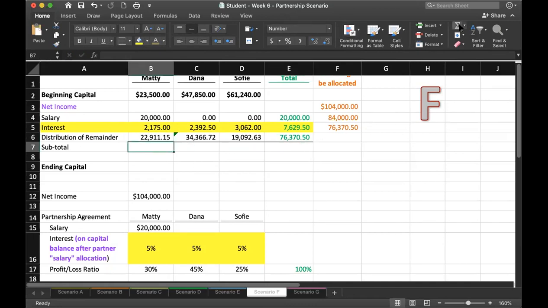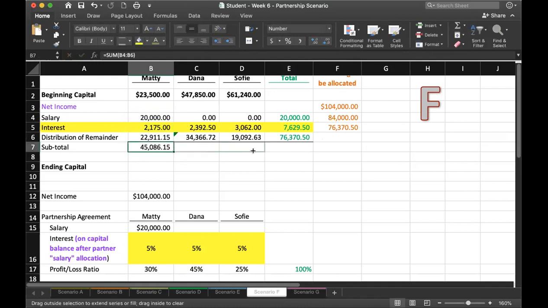So now we're ready to do the subtotals, and all I'm going to do is just add up salary, interest, and distribution of the remainder that goes to Maddie. Then I'll do the same for Dana and Sophie.